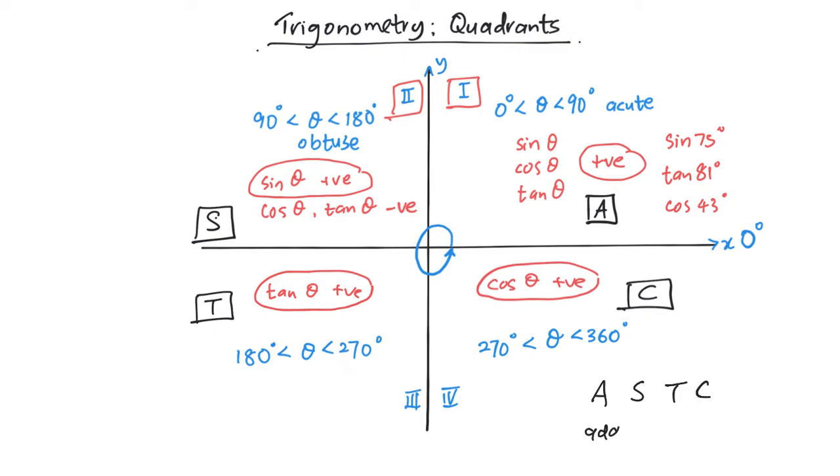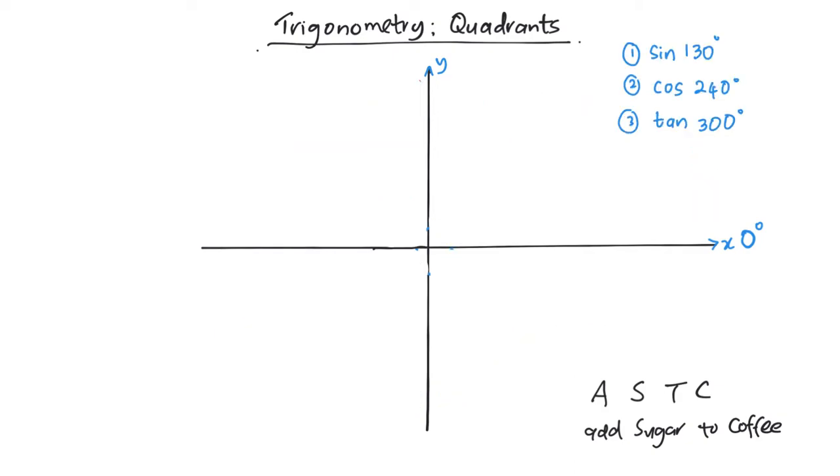All right, add sugar to coffee. All right, so all angles, sine, tangent, and cosine. Okay, so we're going to practice with 3 questions on the top right here: sine 130 degrees, cos 240, and tangent 300 degrees.